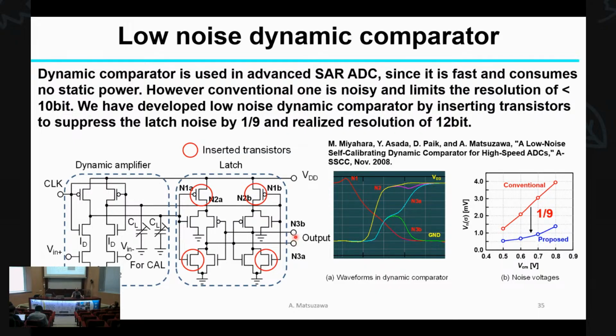But the issue of the conventional comparator is the noise, so the resolution is basically at the 10-bit level. However, we suppress the noise 9 times more compared with the conventional one by using this technique. So we can realize a 12-bit ADC.